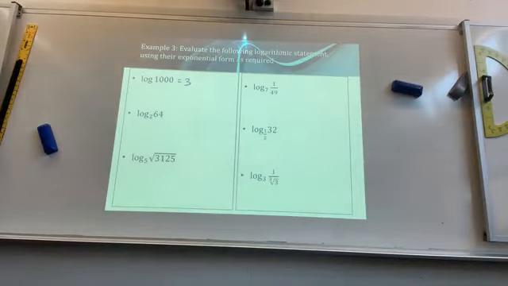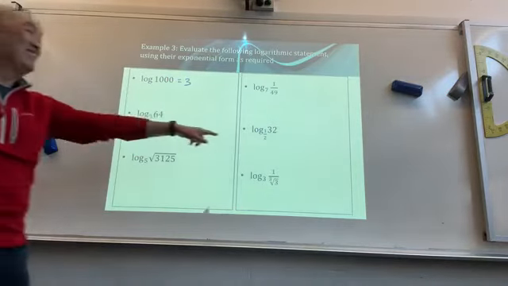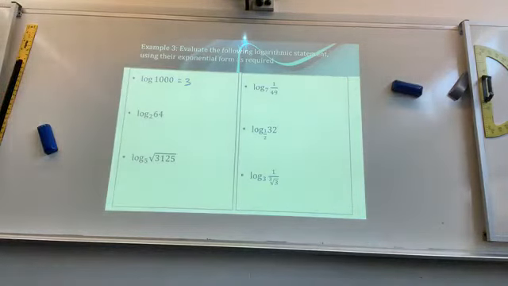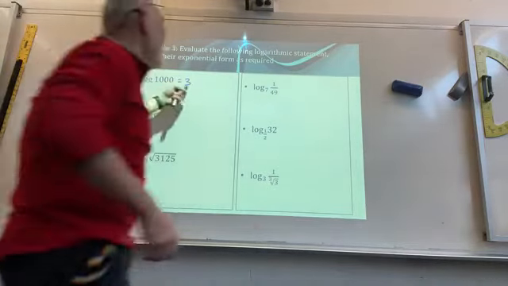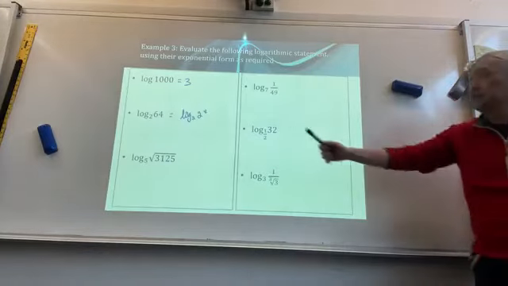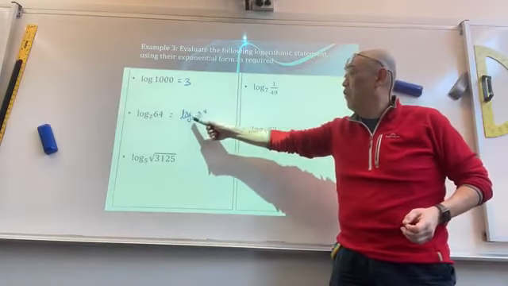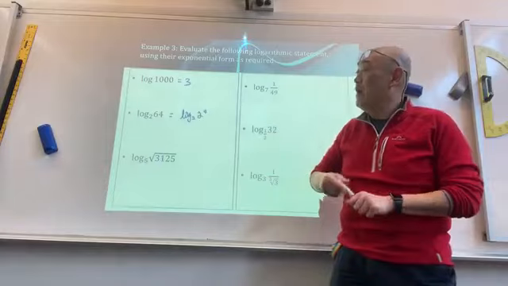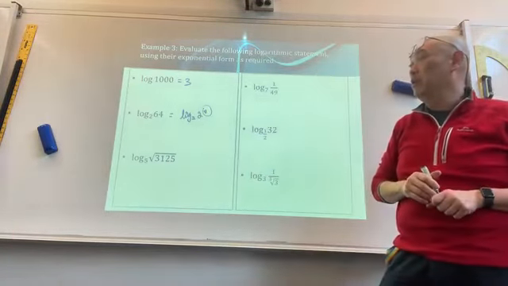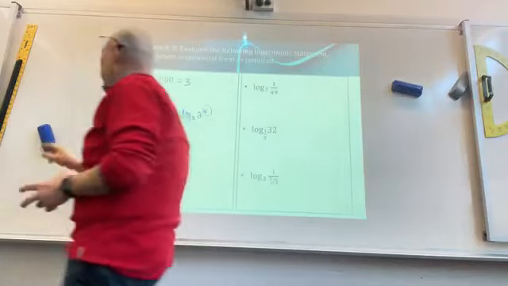Now, this is the example, log base 2 of 64. 2, 4, 8, 16, 32, 64. Now, if you're not sure, if you can't write it down straight away, write down log 2 of 2 to the power of 6, and straight away you know that what you're looking for is the exponent.